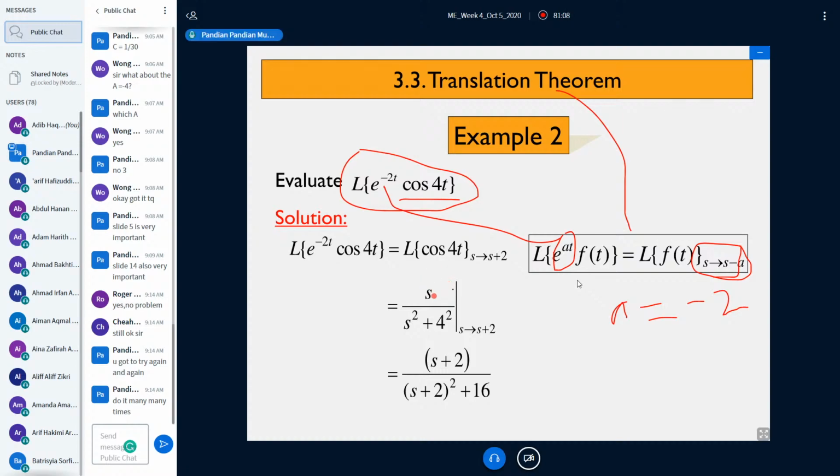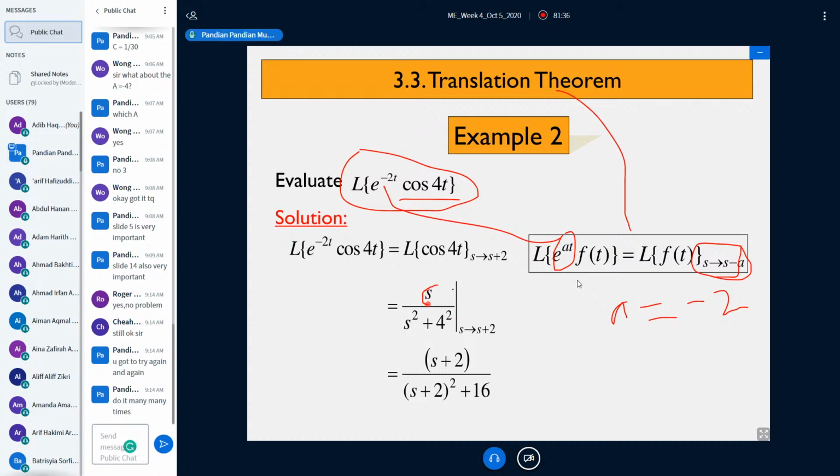So, cos kt. Use the formula: Laplace of cos kt is s over s squared plus k squared. Cos 4t, so k is 4, and 4 squared is 16.